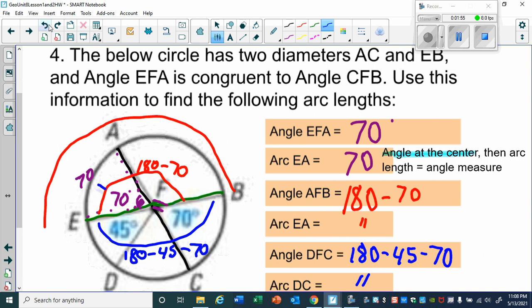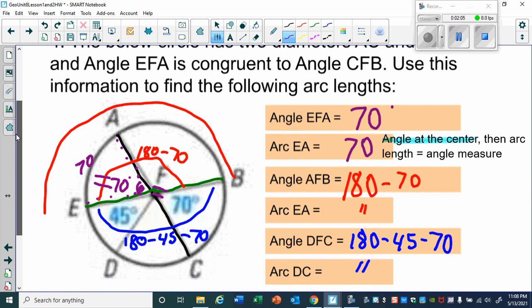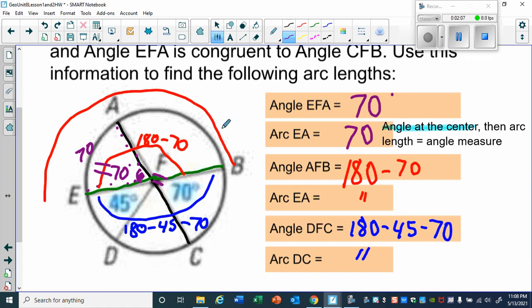They will equal. And then from here, angle AFB is just 180 minus 70, and we're good to go.